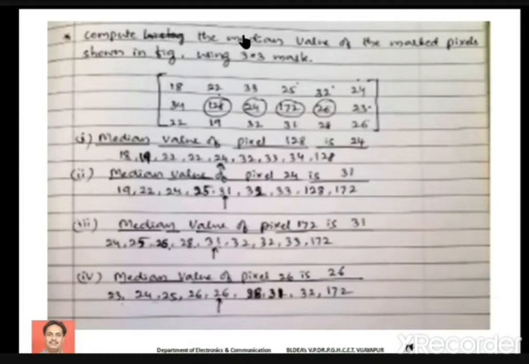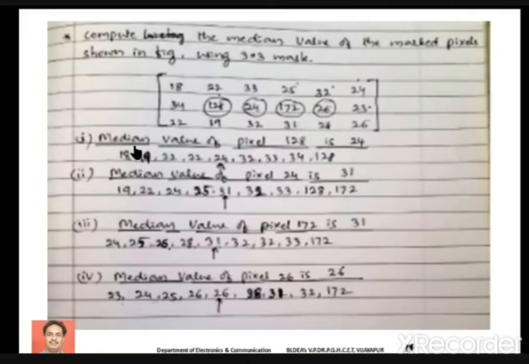In the problem, you have to calculate the median of the marked pixels. These are the marked pixels: 128, 24, 172 and 26. They are circled so that they can be considered marked pixels. By applying a median filter with a 3x3 mask, we have to find the median for 128, 24, 172 and 26.